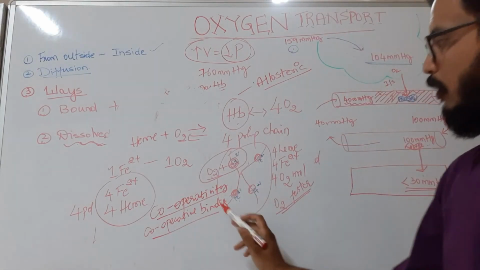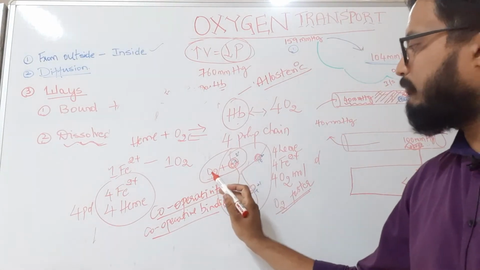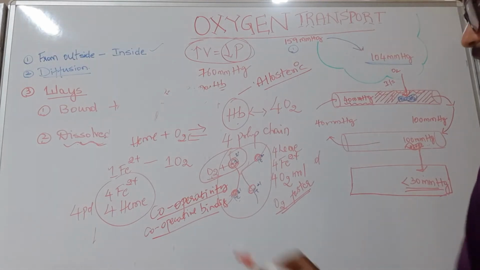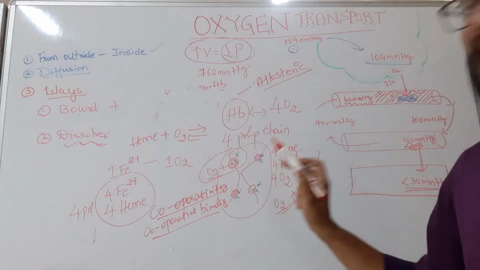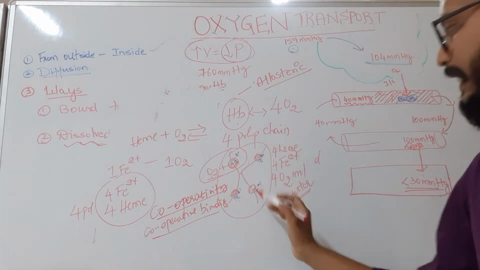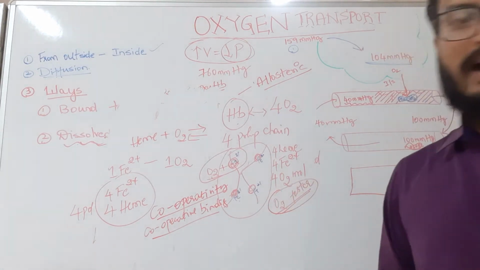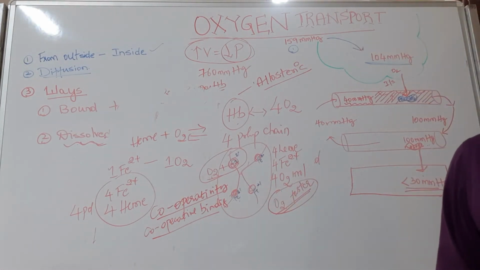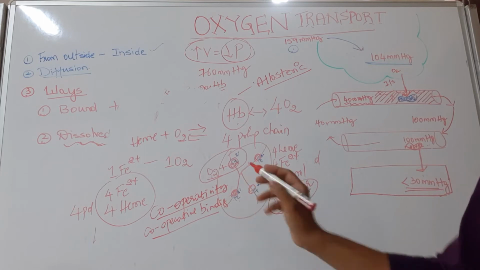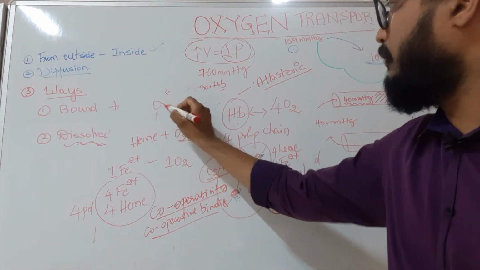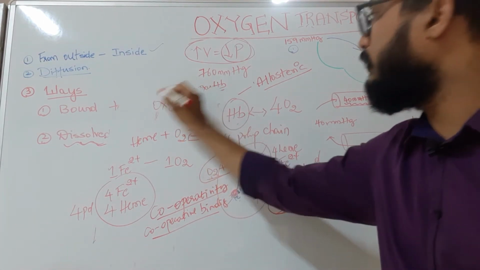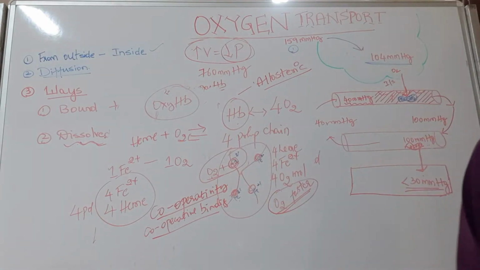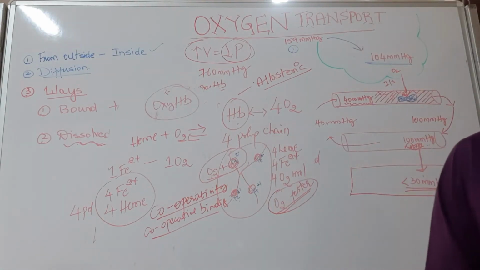The binding of one heme molecule with oxygen increases the affinity of the other heme molecules to attach with oxygen at a faster rate. So, we can say the oxyhemoglobin has a different structure compared to that of the deoxyhemoglobin.